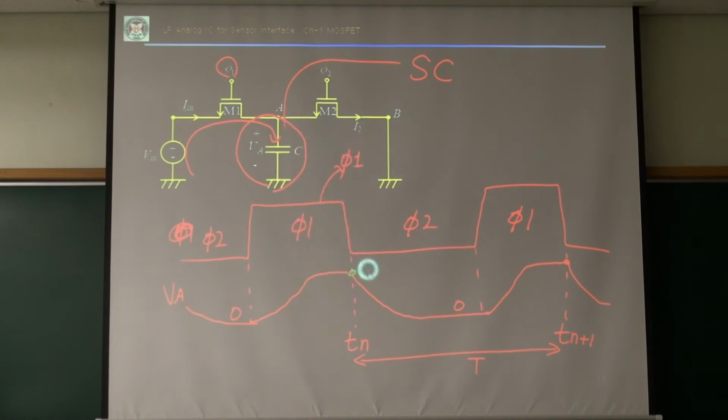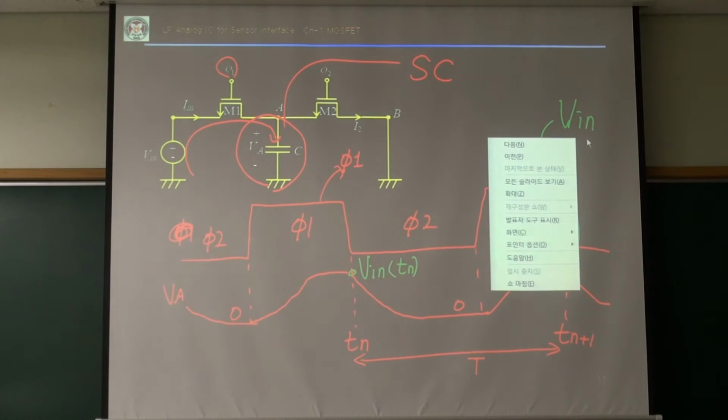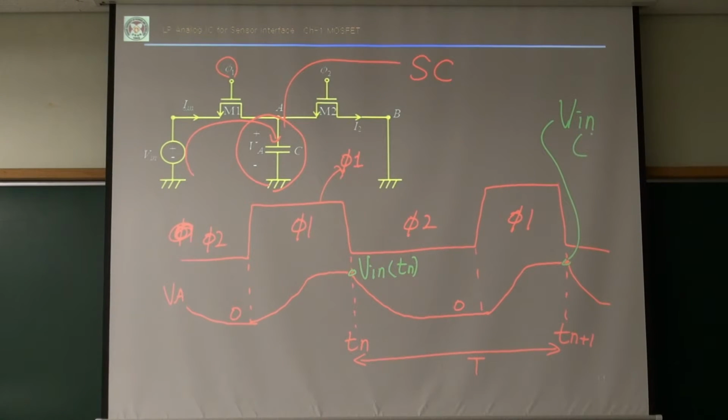Yeah, this voltage is Vin(Tn), right? This voltage is Vin(Tn plus 1). So there is a current flow, something like a current waveform.